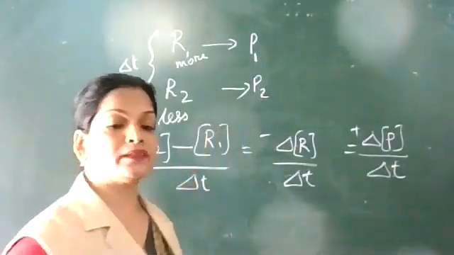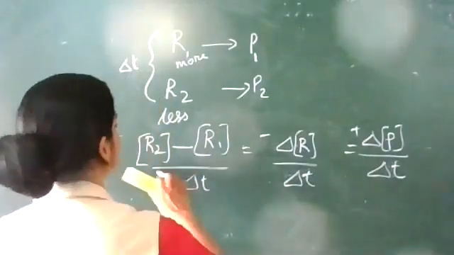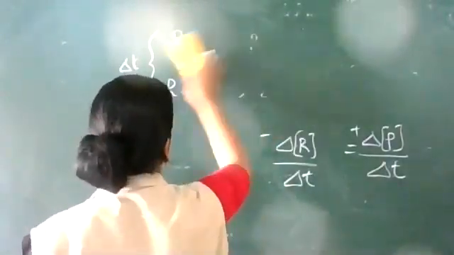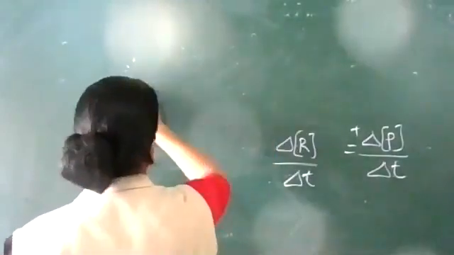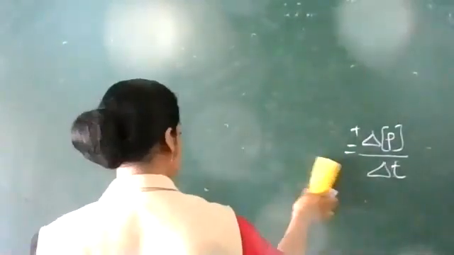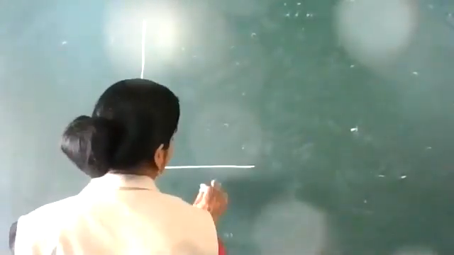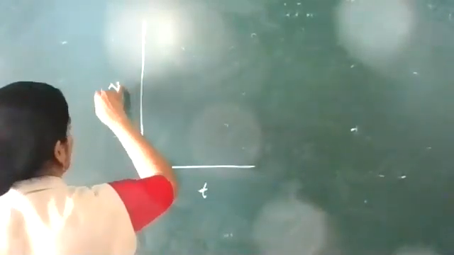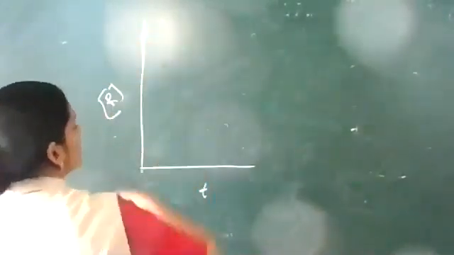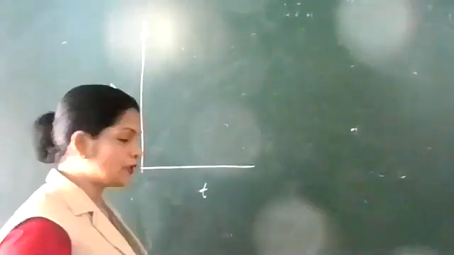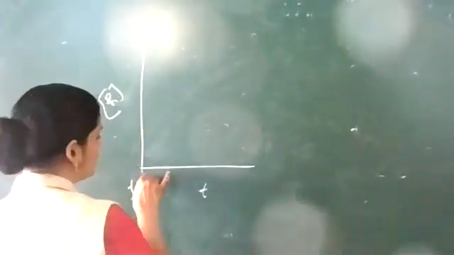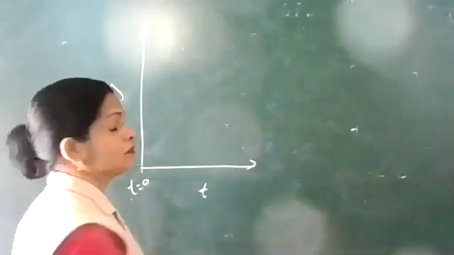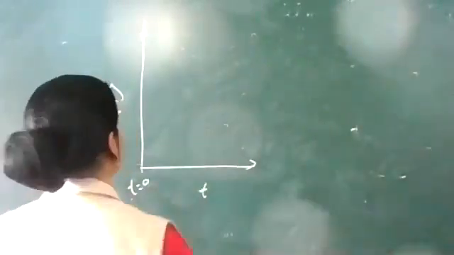As time passes, the amount of the reactant is decreasing and the amount of the product is increasing. If you plot a graph with time and the reactant amount, then in the beginning, at t equal to 0, the amount of reactant is maximum.